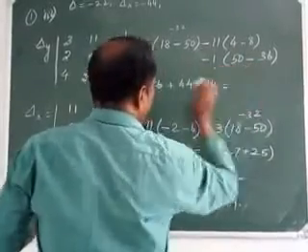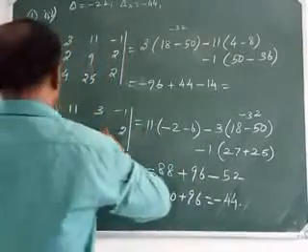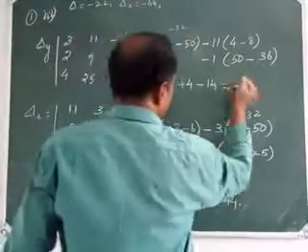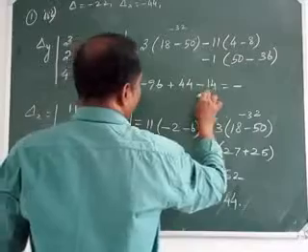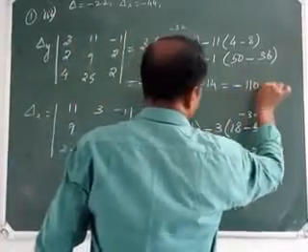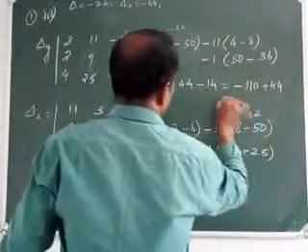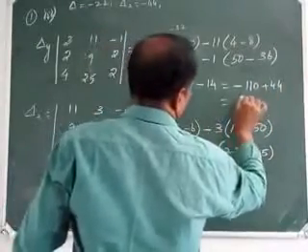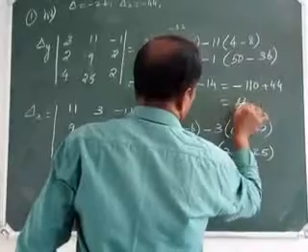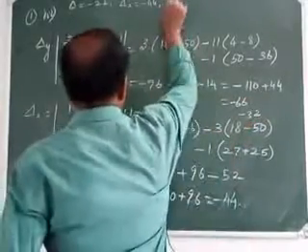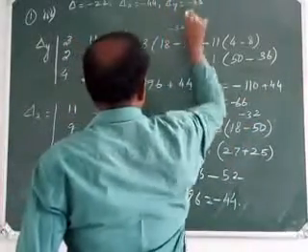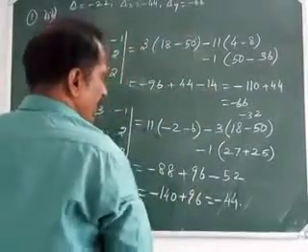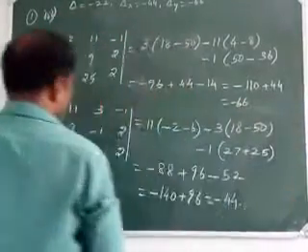After simplification we get 96, 110 plus 44, 110 plus 44 is 66 minus 66. So delta y is equal to minus 66. Delta y is equal to minus 66.